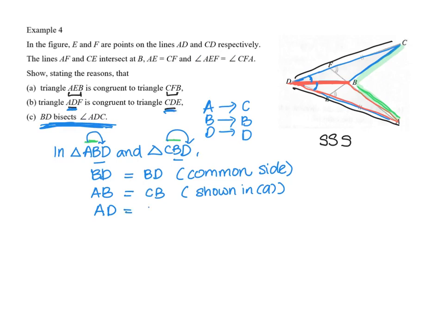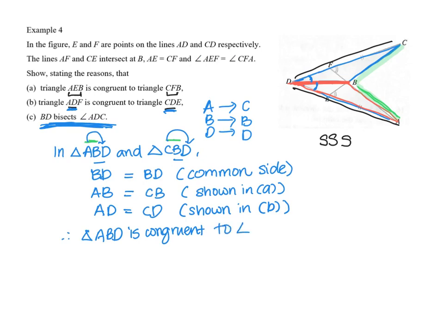This is shown in part B. As a result, triangle ABD is congruent to triangle CBD by the SSS property.